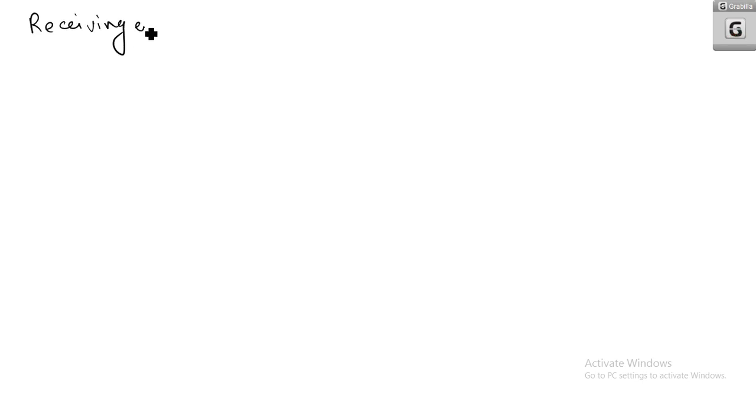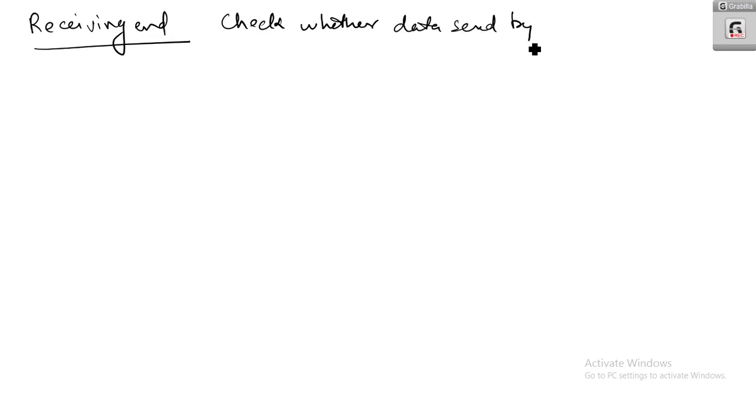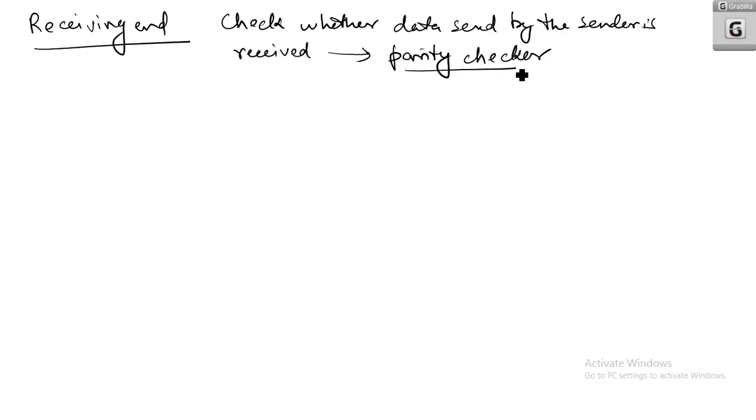In the receiving end, I need to check whether the data sent by the sender is received. There we need a parity checker.